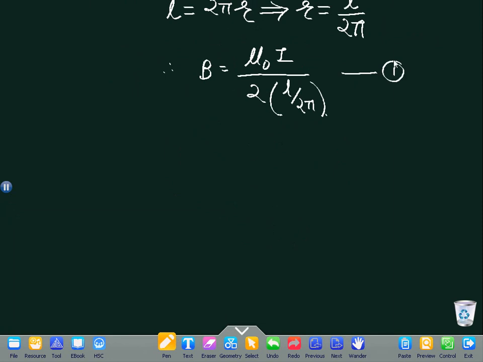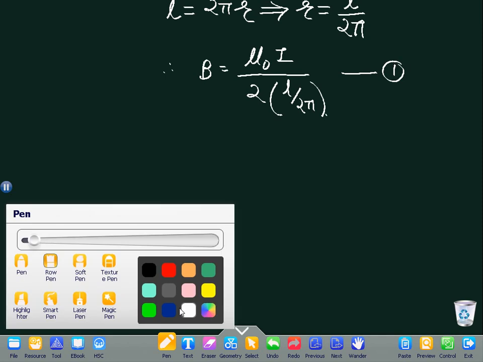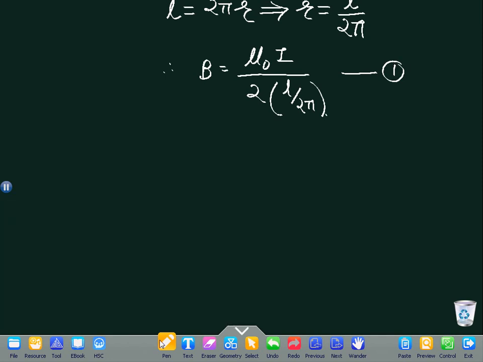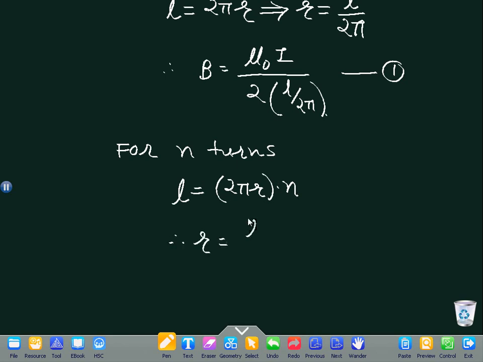Now if this wire is bent into n turns, for n turns L is equal to 2 pi r into n. Therefore r is equal to L upon 2 pi n. This is the value of radius.